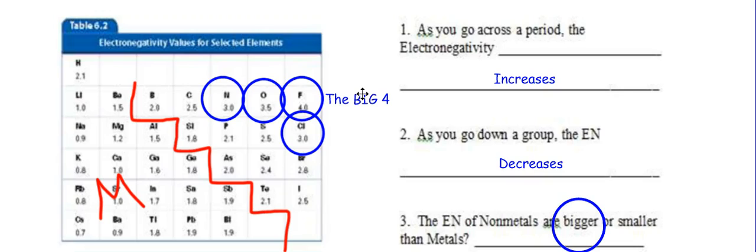There is no registered value because it will not bond. But the larger noble gases, with a larger atomic radius, actually do have values for electronegativity. So things get a little bit wonky when you talk about how large those are, but just know that the current trend is still correct. All right, so let's keep going.